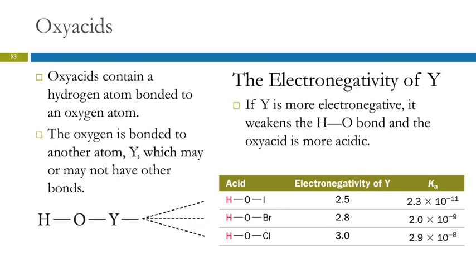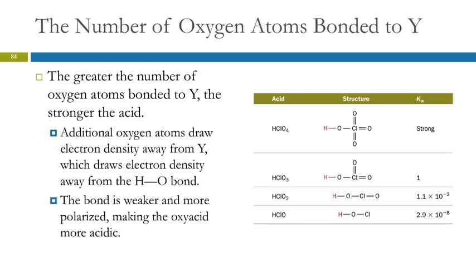You've got to think about what's making that hydrogen-oxygen bond weaker. Whatever makes it weaker makes the acid stronger. The number of oxygen atoms: the more oxygen atoms you have bonded to that central atom, the Y atom, the stronger the acid is. Because those extra oxygen atoms, being highly electronegative, are going to pull electron density away.